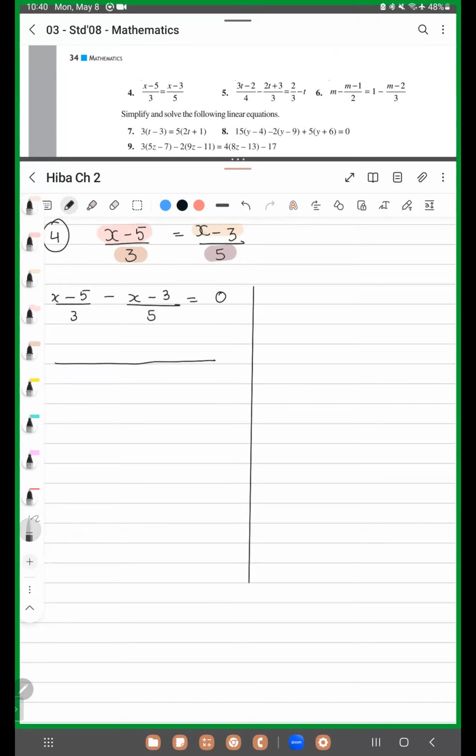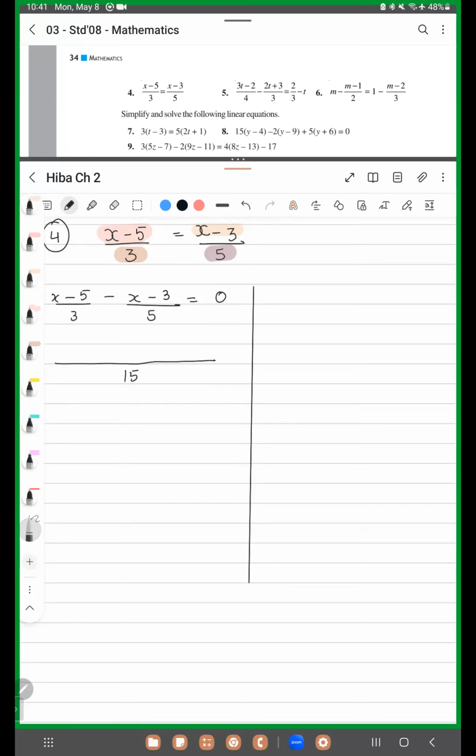जब ये इस तरफ चला गया, पूरा का पूरा माइनस हो गया, तो दिल भी 0, राइट? Yeah, so the LCM will be 15. LCM is 15. Next. आगे बताइए क्या होगा?